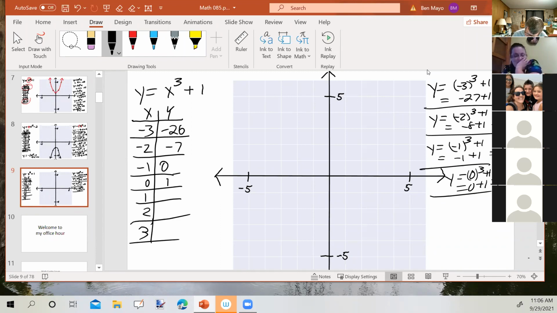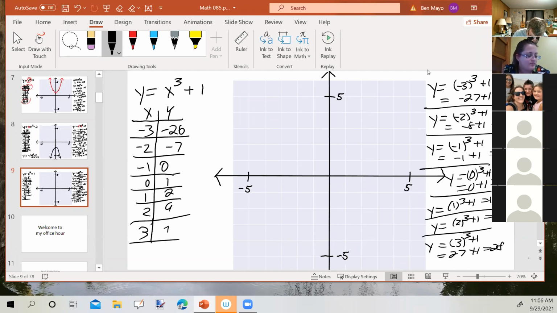If x is 1, y equals 1 cubed plus 1, which is 2. If x is 2, y equals 2 cubed plus 1, which is 9. And if x is 3, y equals 3 cubed plus 1, which is 27 plus 1, or 28.